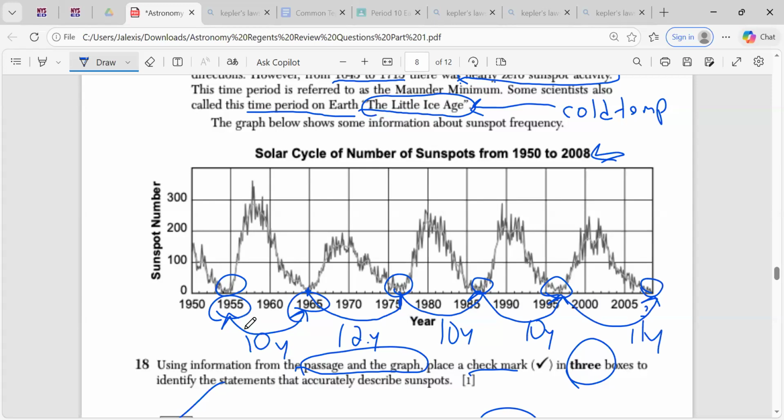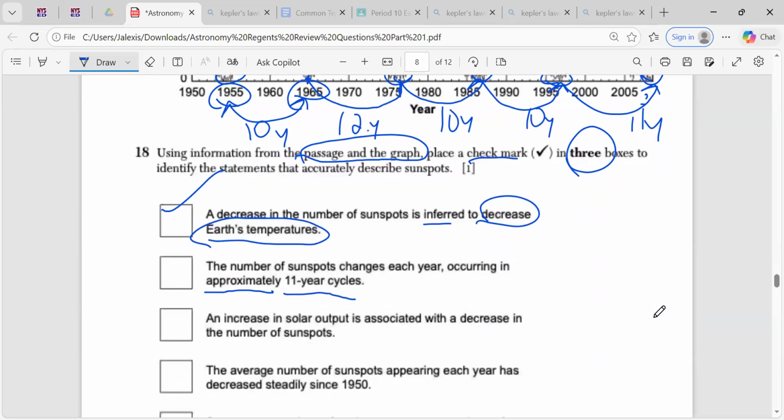Could we say approximately, right? Meaning that it can be close to 11 years. Could we say that the cycle repeats itself approximately every 11 years? Meaning that it doesn't have to be exactly 11 years, but it has to be close. I see 10 years, I see 12 years, another 10, another 10, and another 11 years. So yeah, I would definitely say that.